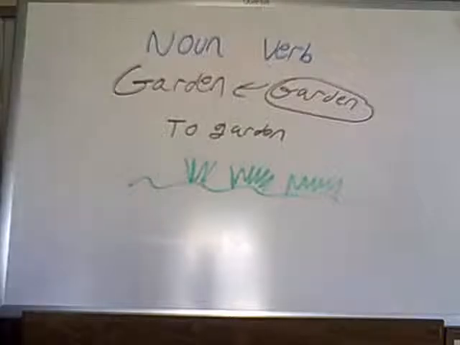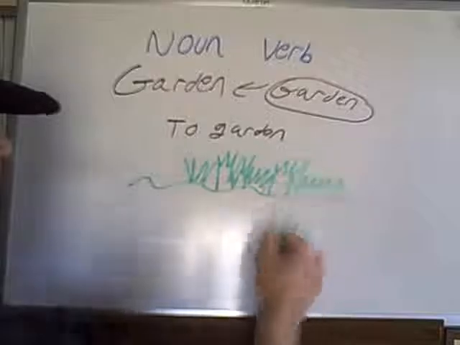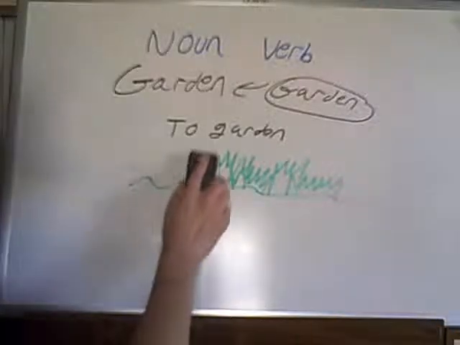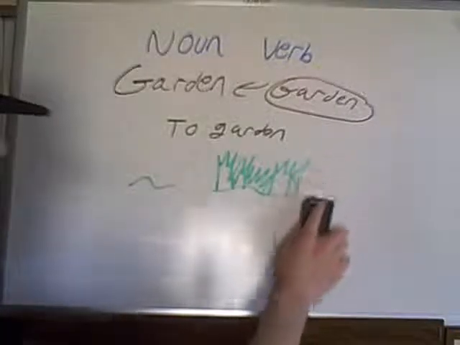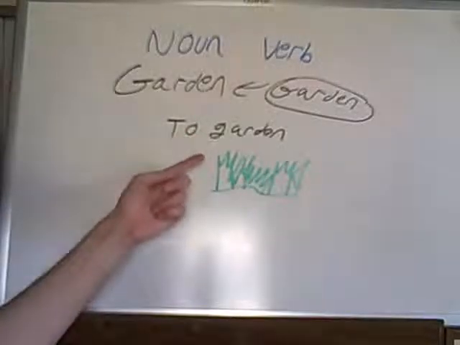When we say garden, we're planting the plants. But it can also mean we are doing whatever is necessary to the garden. So if we are removing the weeds, like so, it's still gardening, to garden.